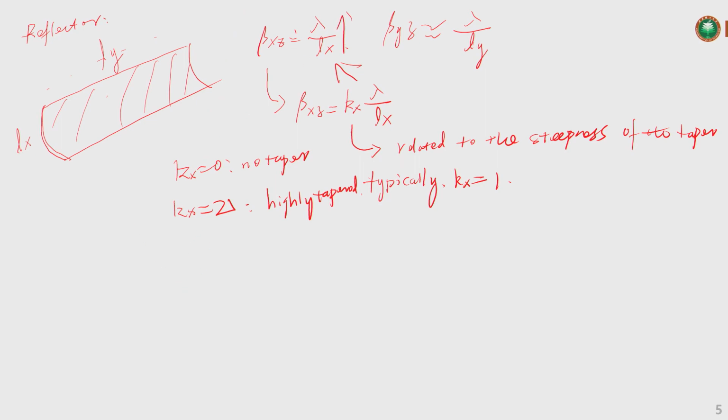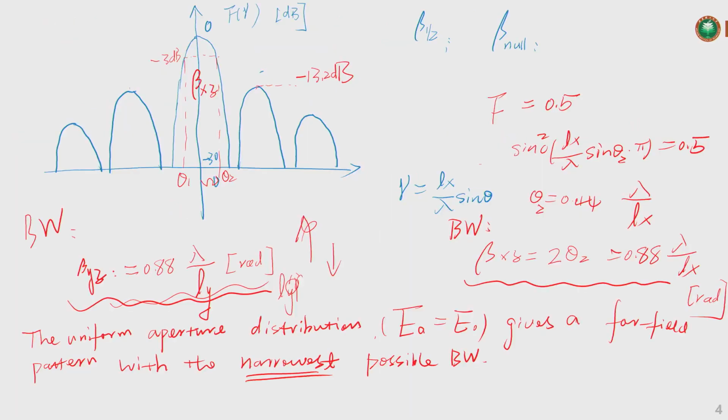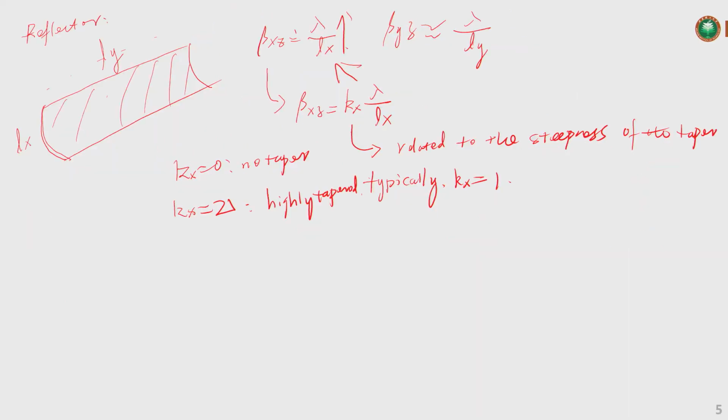What we want to see here is that when we look at this part, because there are side lobes, it's only minus 13.2 dB. All right. If we want to suppress this part, that means we add more taper and increase it. So this part is going to be suppressed, and the beam width becomes much wider.